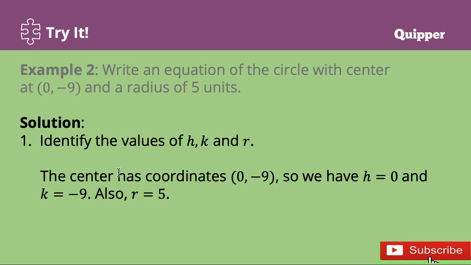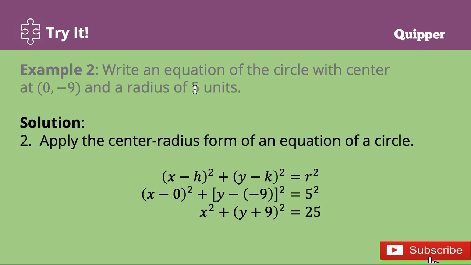The values for h, k, and r are the following. We have the center as the coordinates (0, -9). So h is equal to 0 and k is -9. And the radius is 5 units.